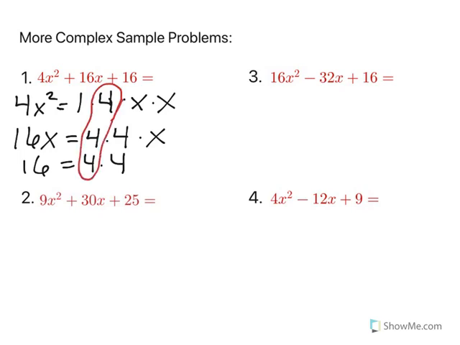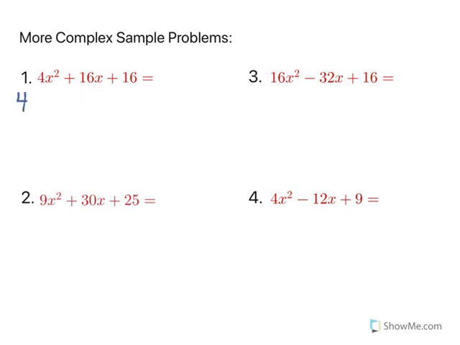So we're going to pull it out and put it in front of the parenthesis, but then when we fill in what's inside the parenthesis, we need to make sure that it would, through distribution, equal 4x squared plus 16x plus 16. Okay, as I said, we're going to put the 4 in front of the parenthesis.